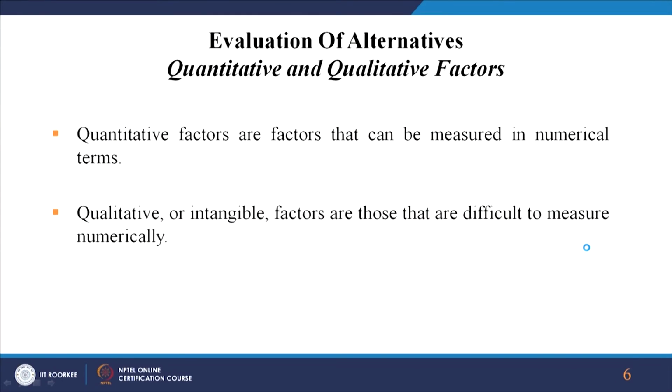So, therefore, quantitative factors are the factors that can be measured in numerical terms, and qualitative or intangible factors are those factors that are difficult to measure numerically, and the examples are the social factors. Therefore, I would not like to isolate the quantitative factors from the qualitative factors.